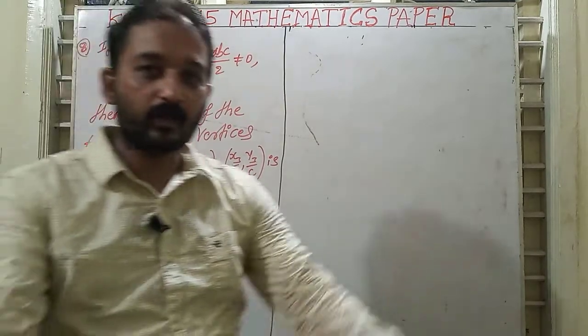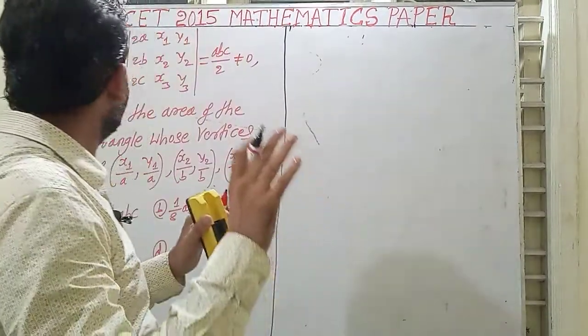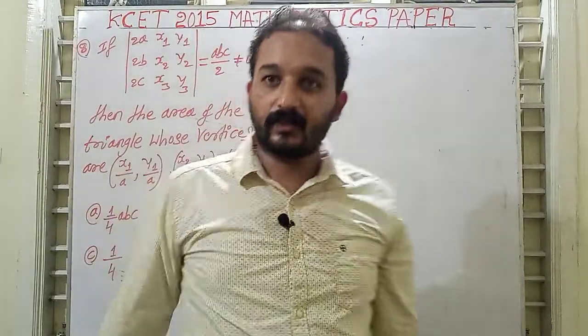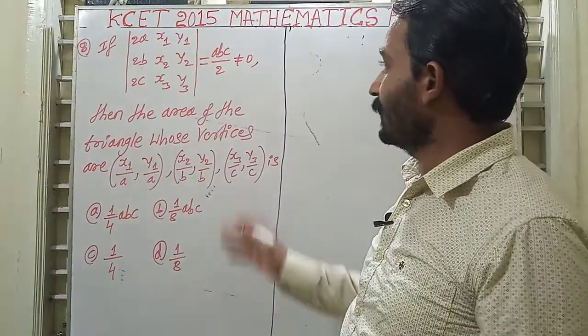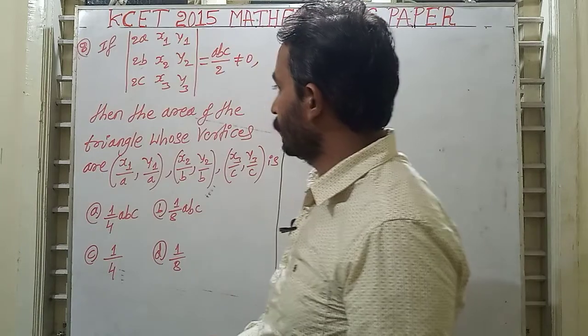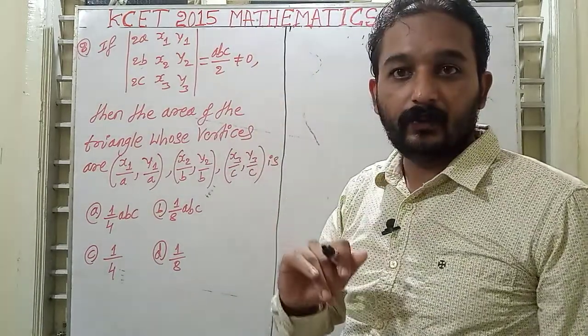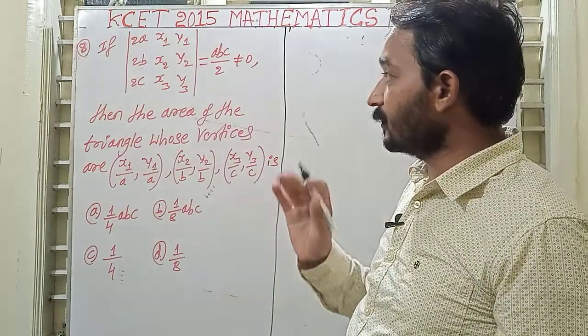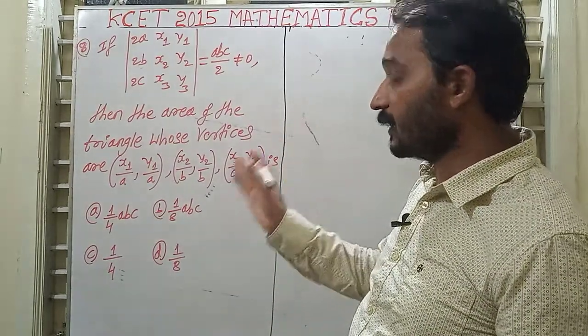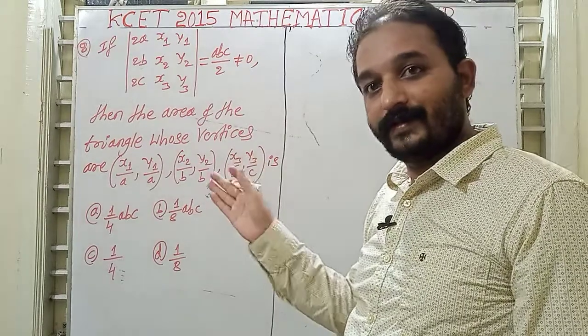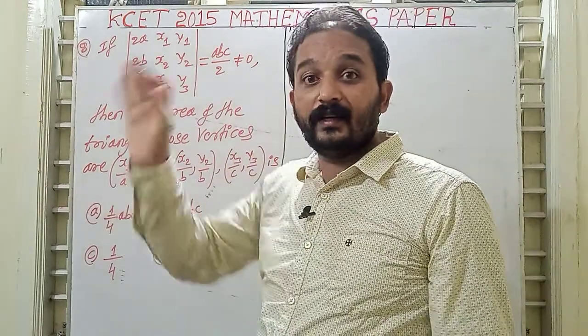So now let us move on to the next question, question number 8. This question is based on the chapter determinants, particularly the application of determinants. We have to find the area of the triangle whose vertices are given, by using the determinant.